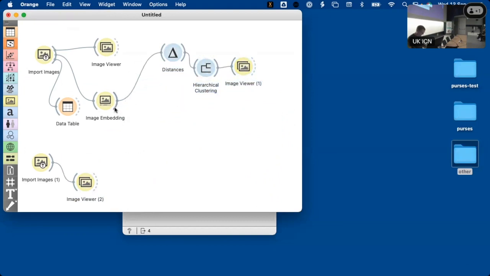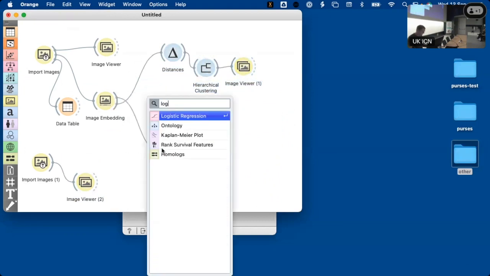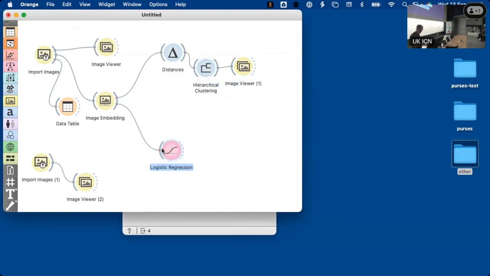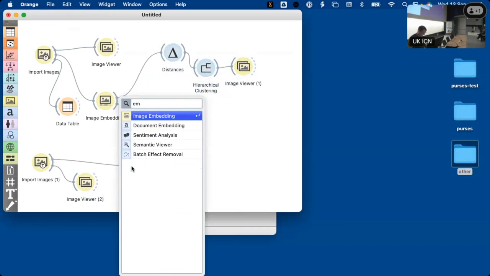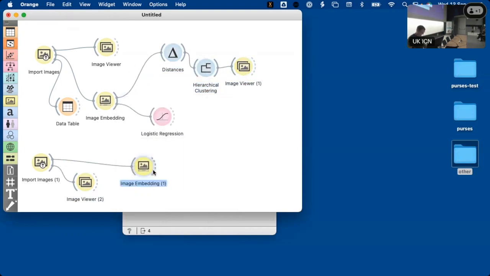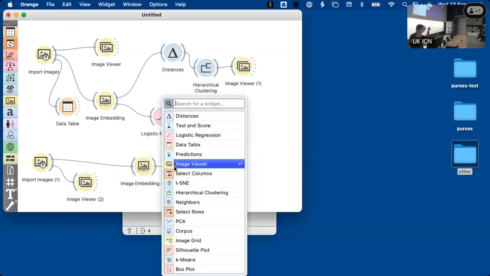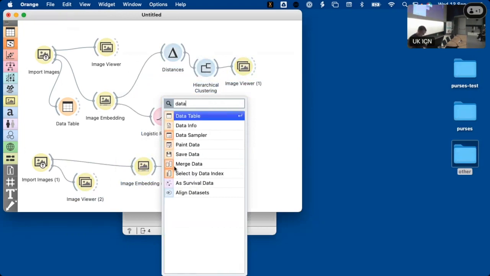that I had before, I'm going to build a prediction model. I didn't tell her what logistic regression is. I just told her it's a simple model that's going to predict the design of the purse. Of course, for the new purses, I also need to embed them in this vector space, just to check how this looks.